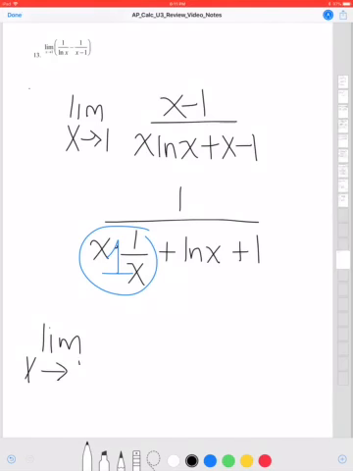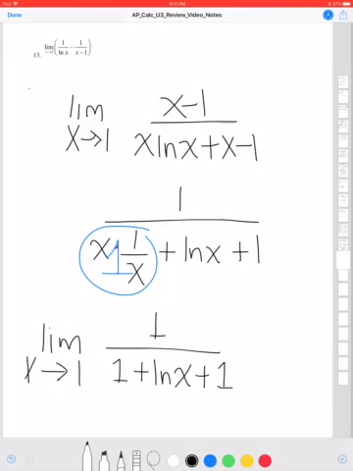Alright, I think we're going to be ready now. Let's try it. One plus the natural log of x plus 1. Alright. Equals. Alright, what is the natural log of 1? It's 0, so I've got 1 plus 0 plus 1.